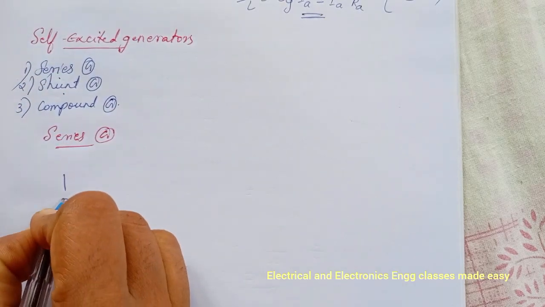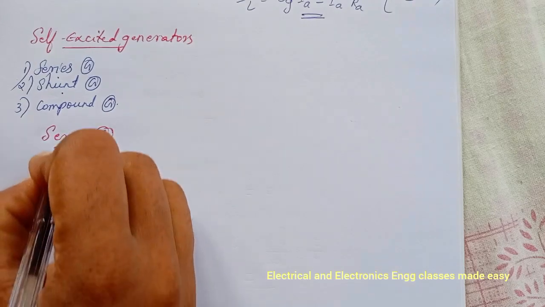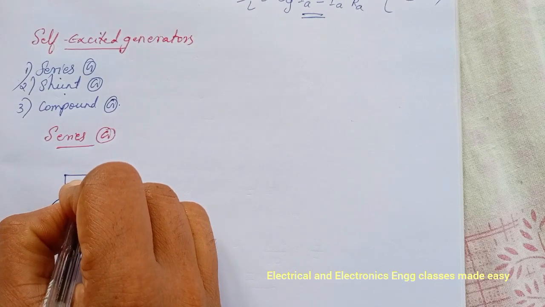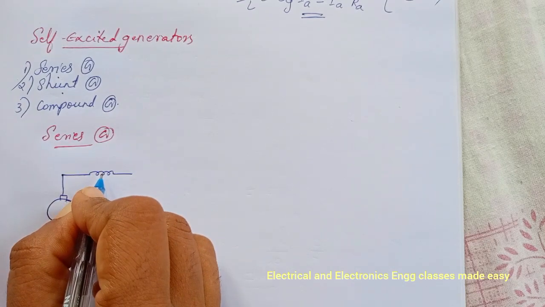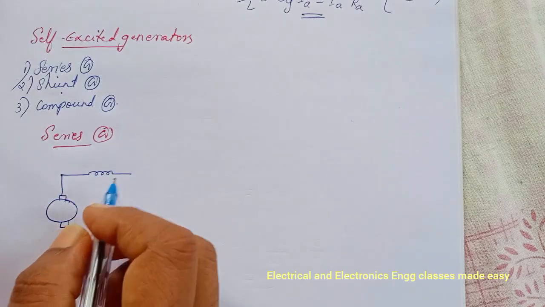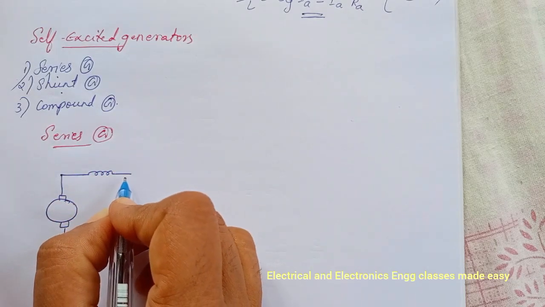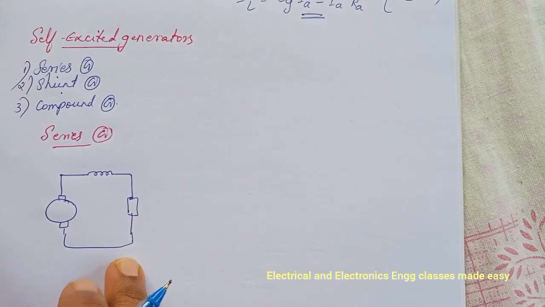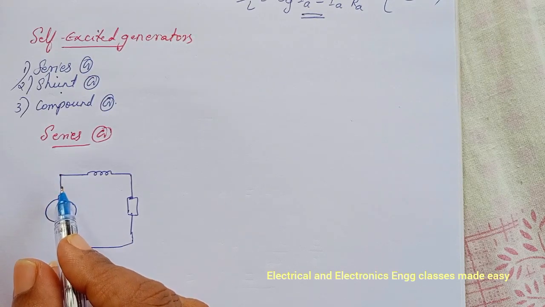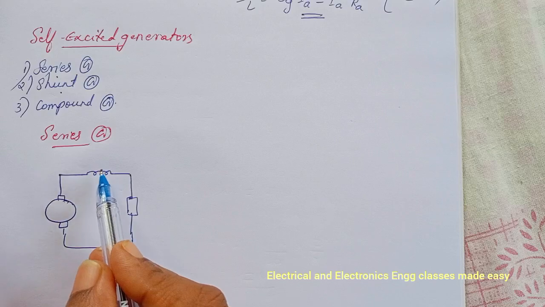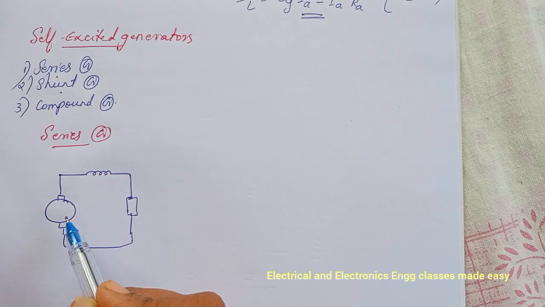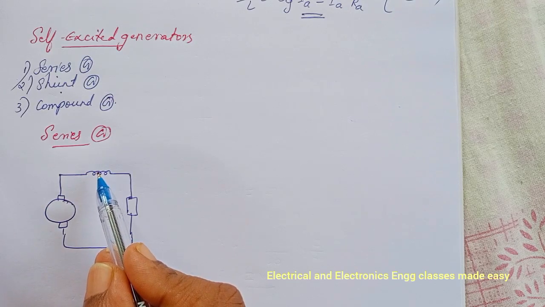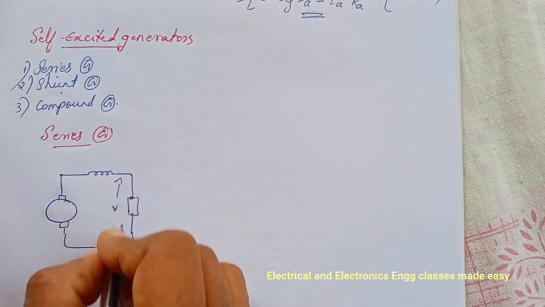So let us draw the armature. Here is the field winding, and the field winding is connected in series with the armature winding, and this is the load. So here the whole armature current flows through the field winding, and this is the terminal voltage.